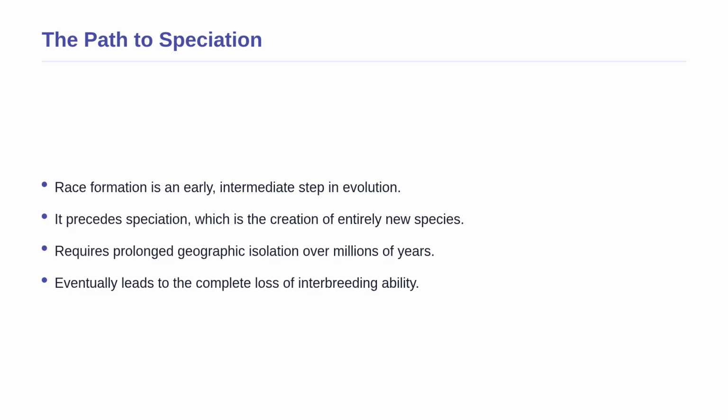If this geographic isolation continues for millions of years, the genetic differences become so vast that they may eventually lose the ability to interbreed altogether. Once that reproductive bridge is burned, they officially become separate species. So studying races is literally watching the very early stages of new species being born.